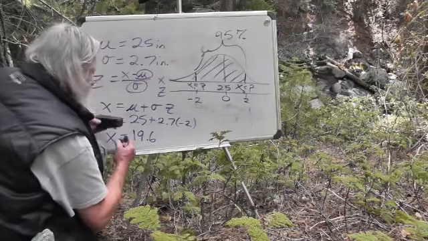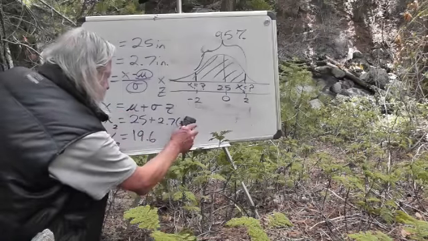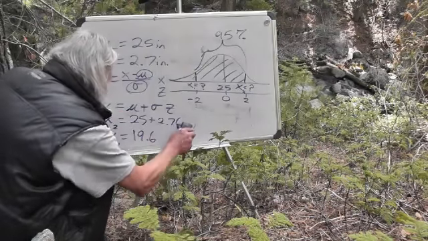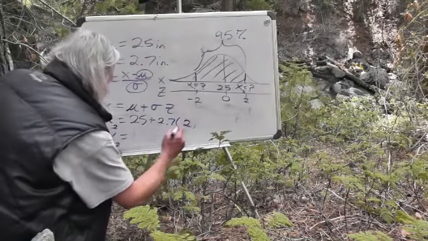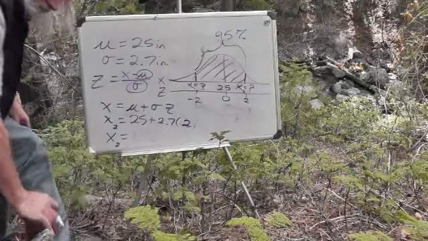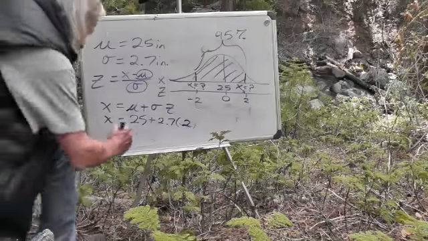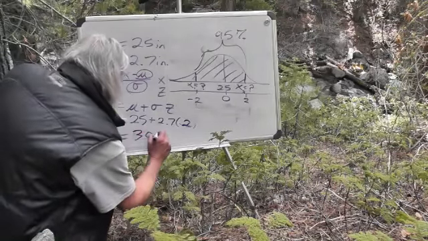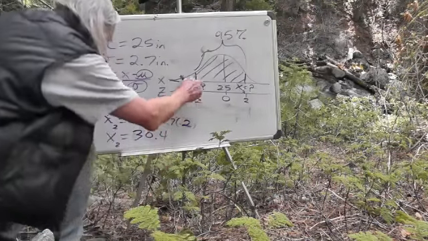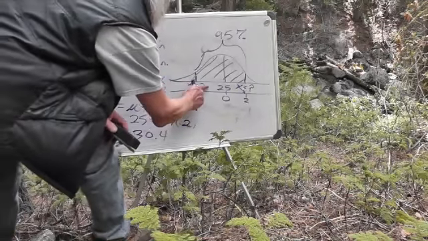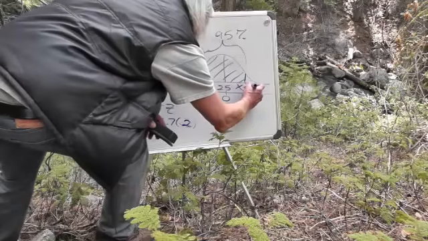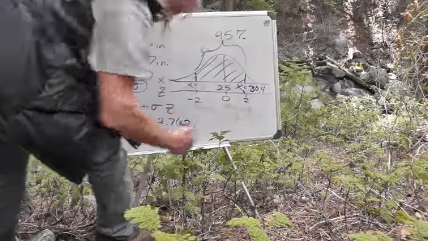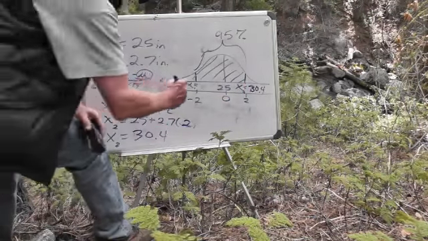I'm on the side of a mountain and it's steep and it's getting me a little nervous here. So we're going to move on after this. I'm going to just change that -2 to 2 standard deviations, and then we get a value of 30.4. So now we know these values are the 30.4 on the right side, and then on the left side we have the 19.6.